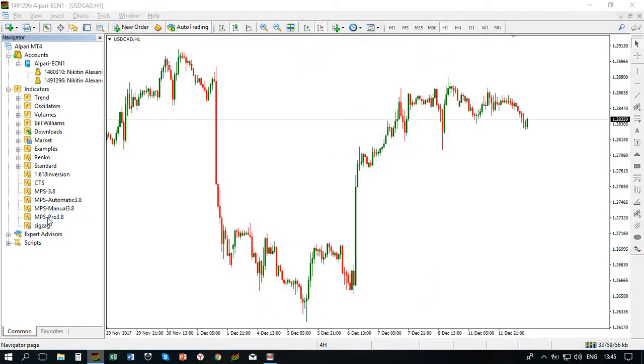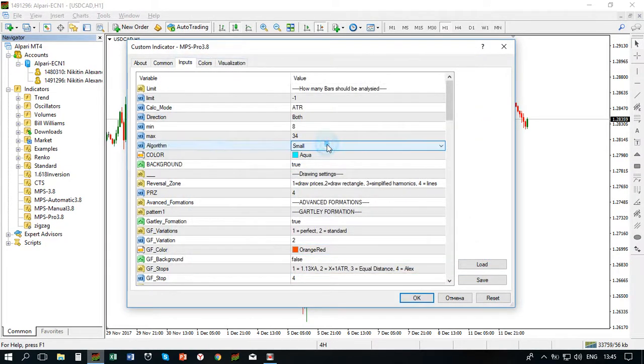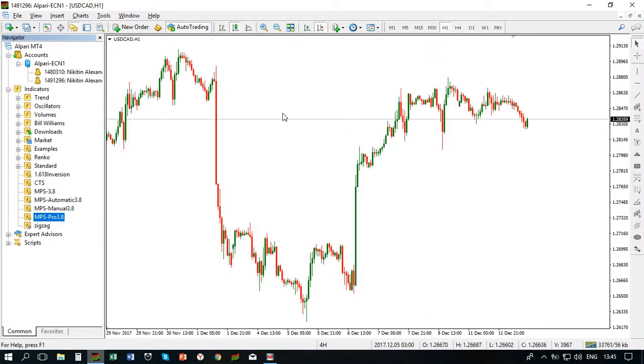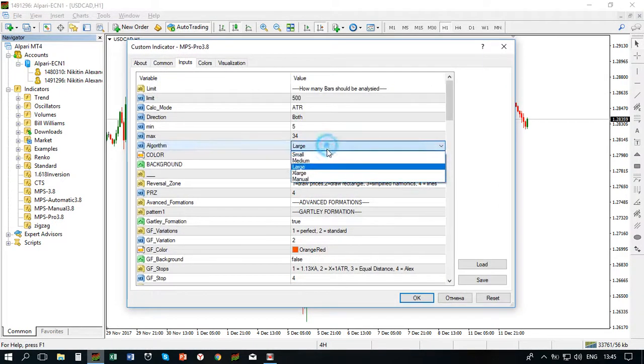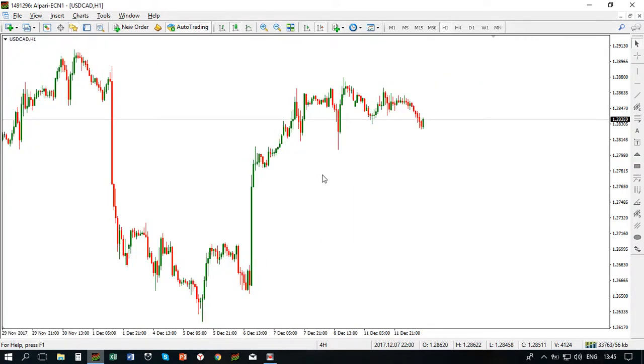Let me switch it once again and open another Gartley, but this time it should show us extra large patterns. Let me run one more and let it be manual, showing only Gartleys, in case I want to draw them manually. So, 5 indicators, every one of them running its own swing identification algorithm, scanning the market for the patterns that fit the ratios. You see that?